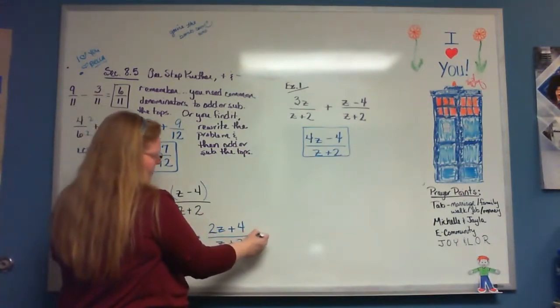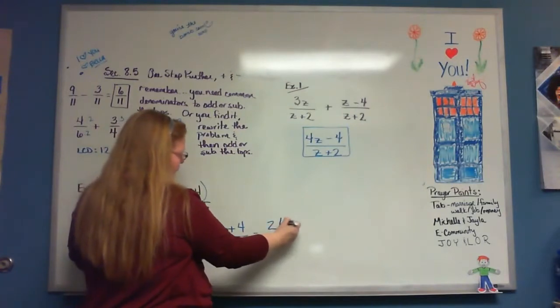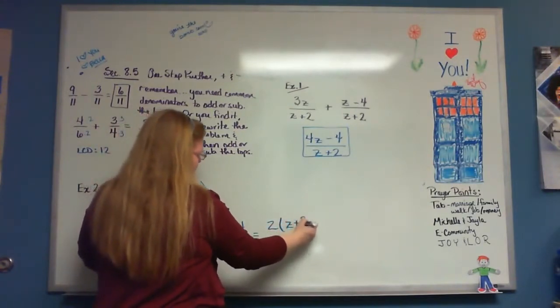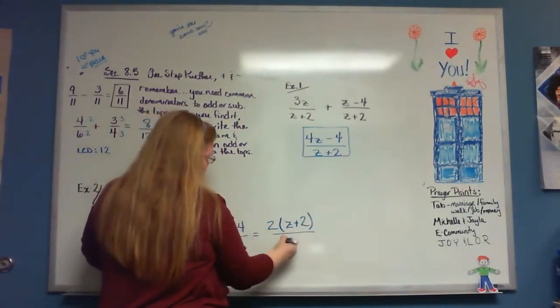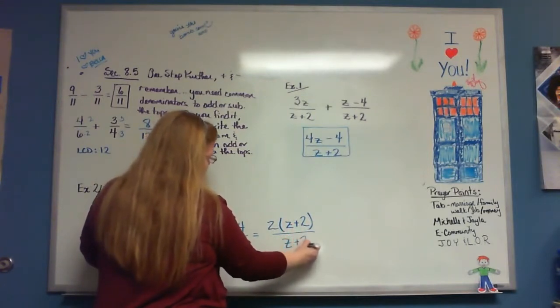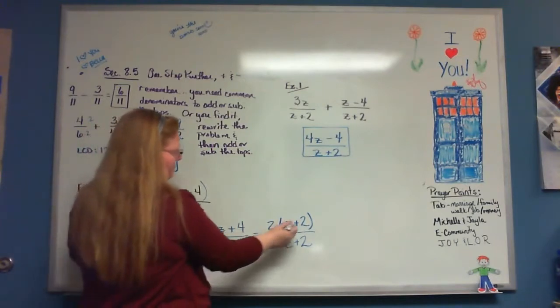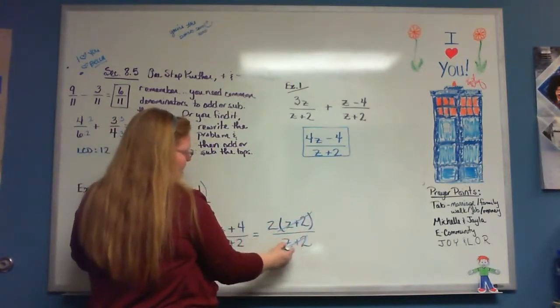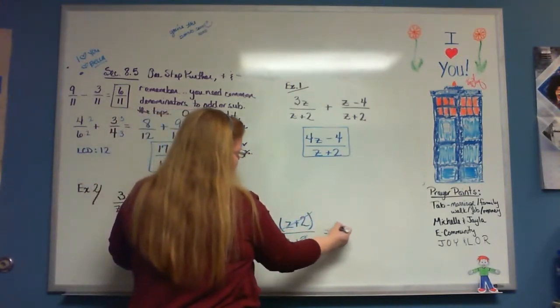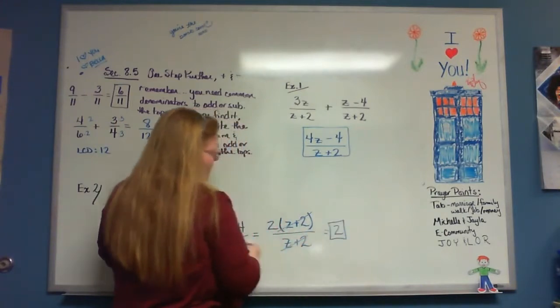So I need to go ahead and take care of that by factoring out that 2. Now I can cancel these out, and my answer is just 2, which is okay.